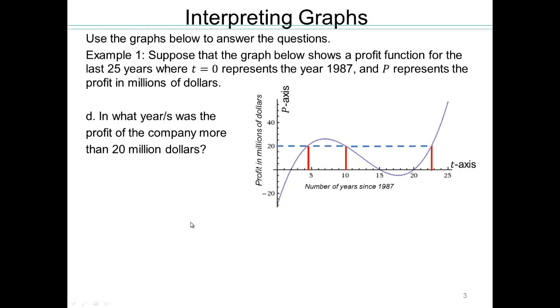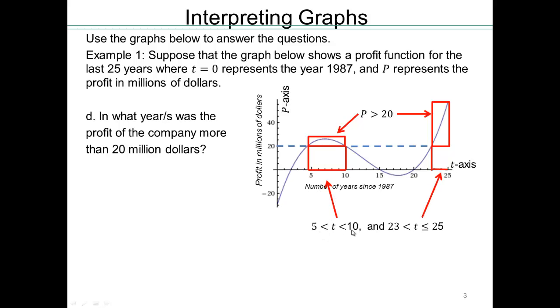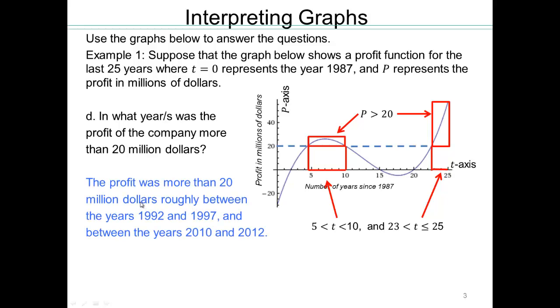So what does that mean in terms of years? Well, that would be this part and this part. And so in terms of the years, it would be from here to here and from here forward. Now, can I say 5 to 10 or 4 to 10? What should I say? You're looking for a number of years. So remember, these years represent years after 1987. So that would be between 5 and 10 years after 1987, or the profit was more than $20 million from 1992 to 1997.